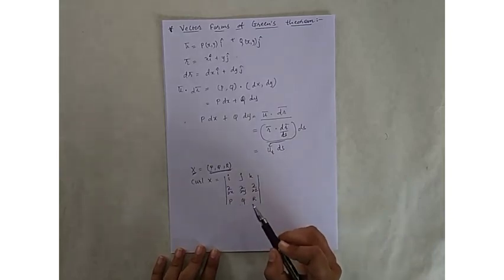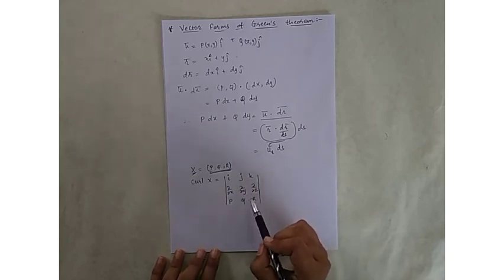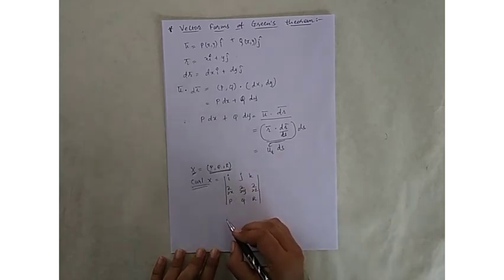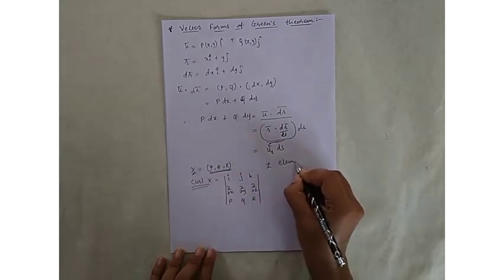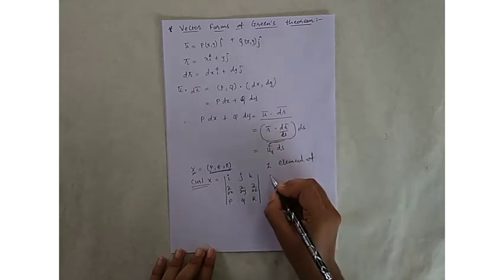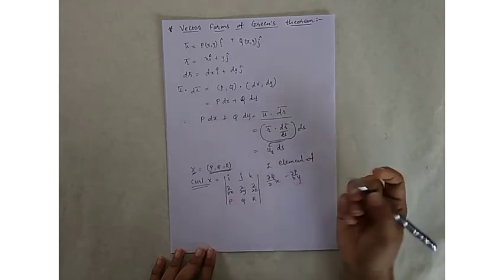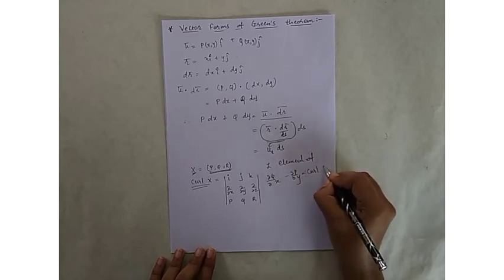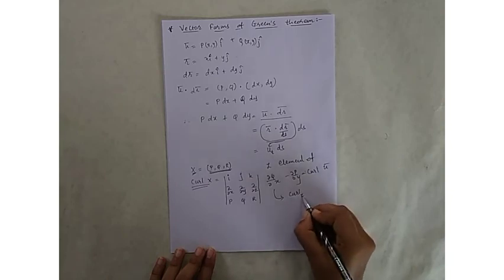And we know the determinant of this. So curl x is this. So the z element of del q by del x minus del p by del y is nothing but the z element of curl u bar.